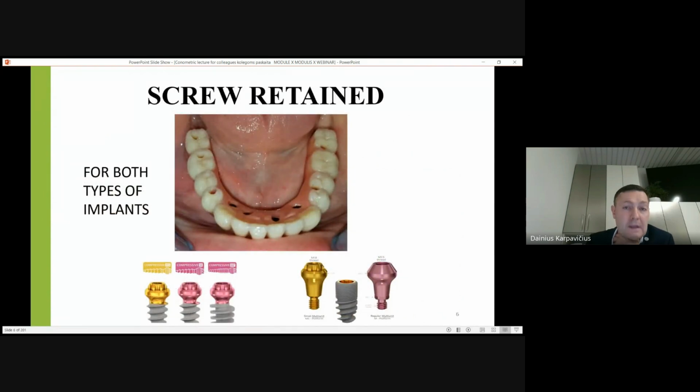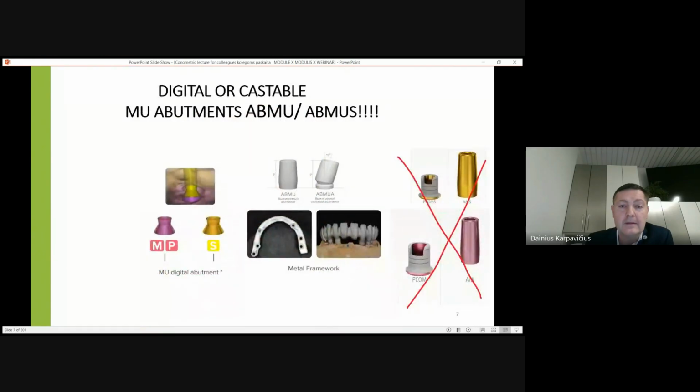Then there is real screw retained, when we don't use any cement additionally. Usually this kind of retention is dedicated to multi-unit solutions. In this type, for today, we usually use digital parts of multi-units, or sometimes casting parts that are factory made.